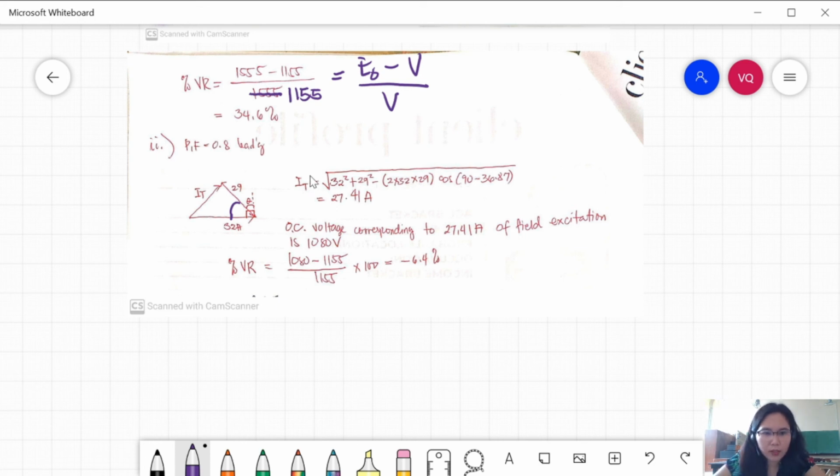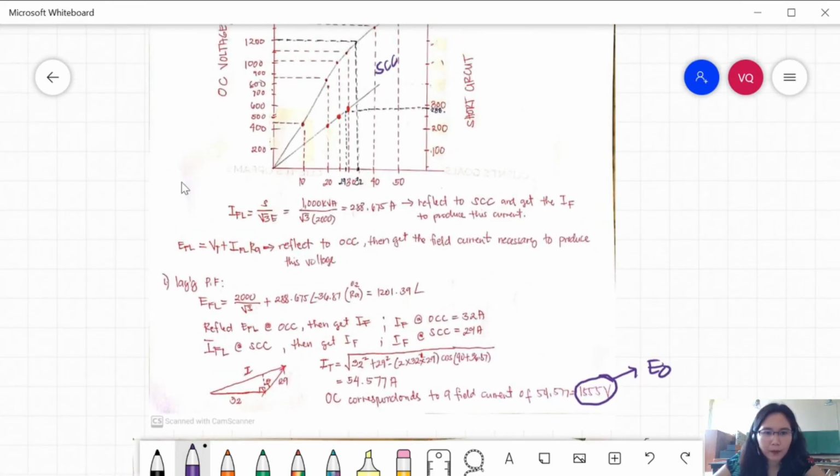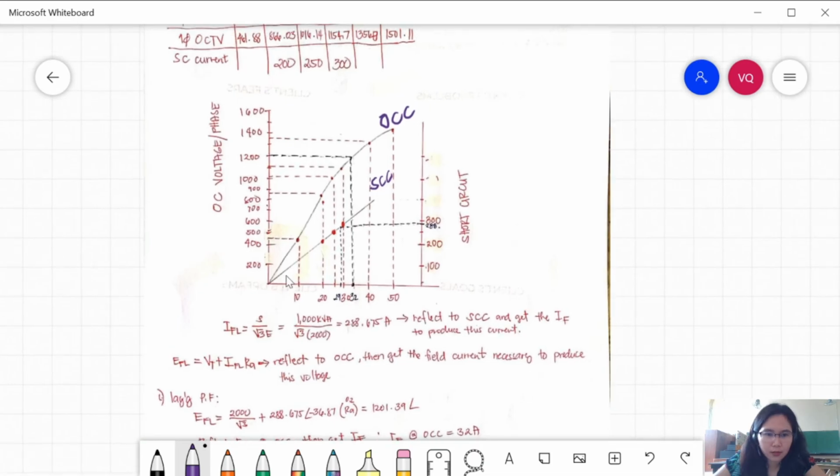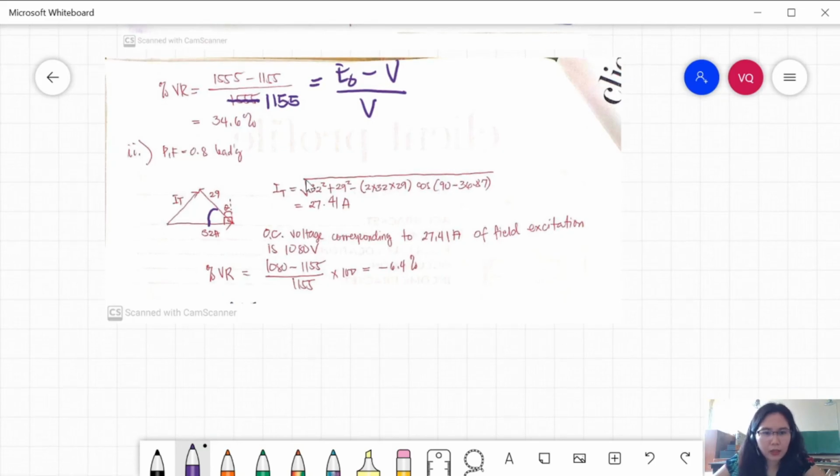Then we will reflect this triangle in our graph. And then after putting your triangle here, you will reflect it again to your OCC curve. The corresponding no load voltage for this 27.41 ampere is 1,080 volts.